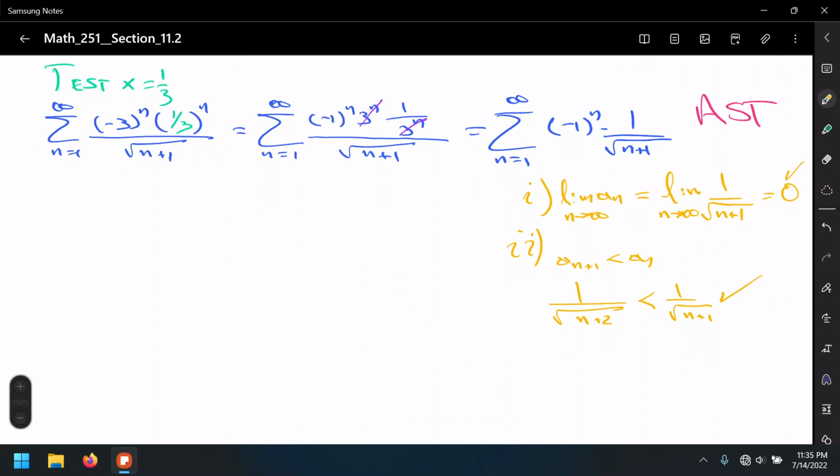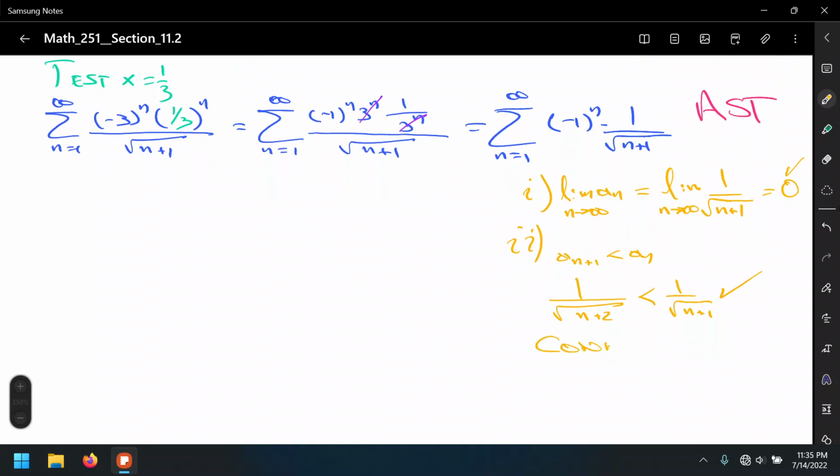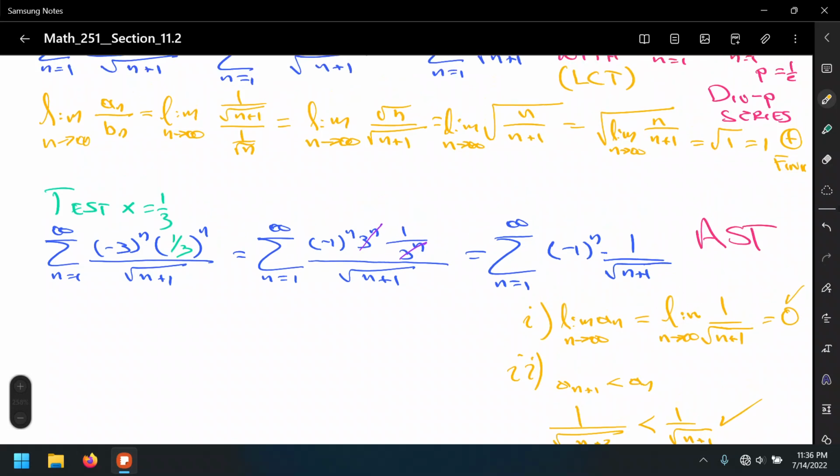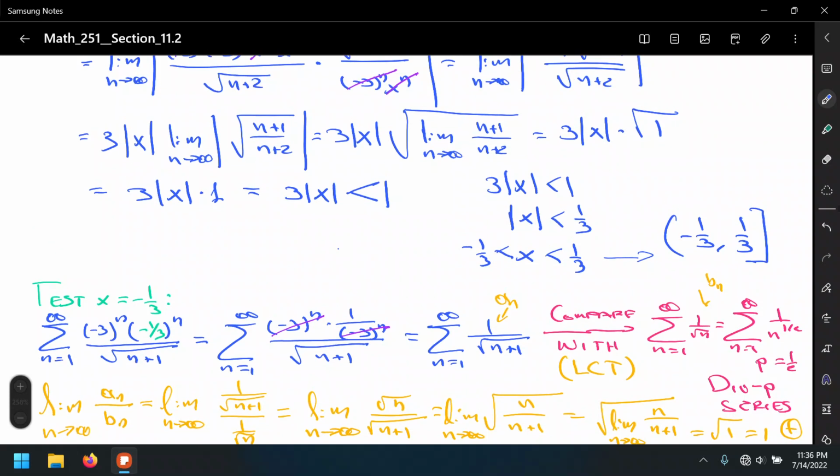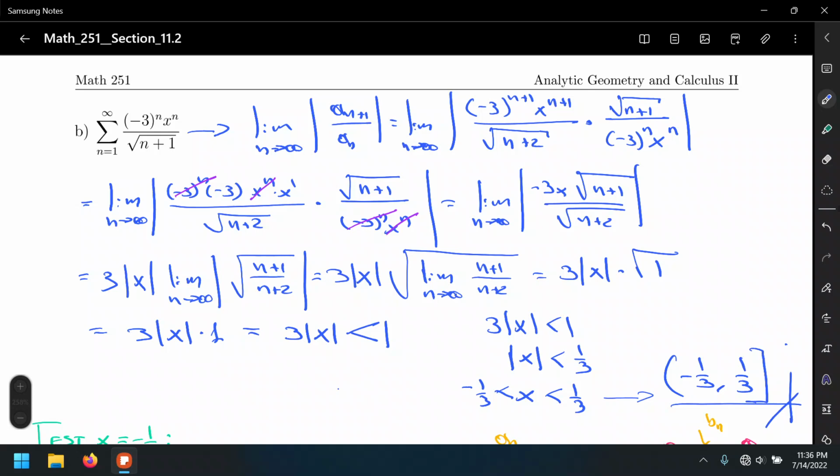So this means it converges. So it converges right here. That means, backtracking to the original power series, that this endpoint is inclusive, so one parenthesis and one bracket. So that's the final answer, the interval of convergence for this power series.